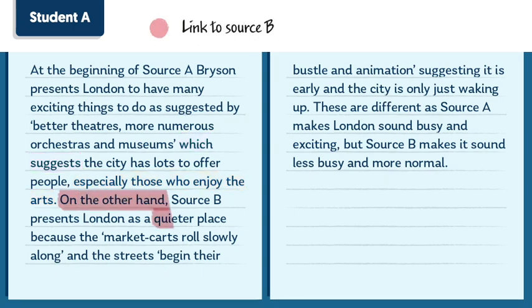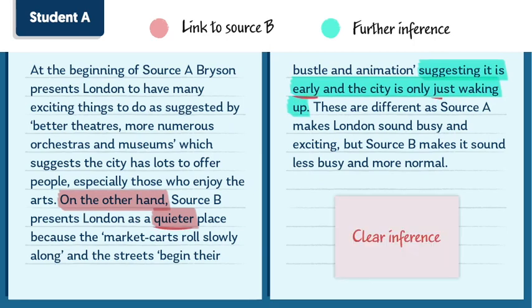Student A then uses "on the other hand" and the comparative "quieter", which signals a link to source B, where there's a further clear inference after the quotation in suggesting it is early and the city is only just waking up. Again, the second half of the sentence confirms a clear inference as it takes the initial idea of being quiet and early and links it to the city just waking up.